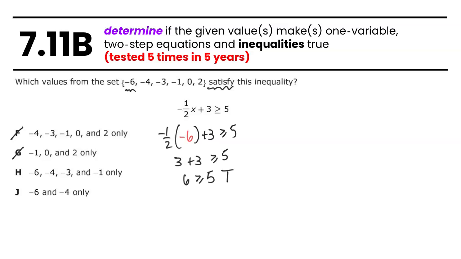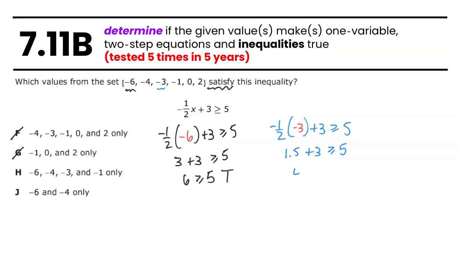If we go to the next value, let's say we go to -3. We'll plug in -3 for X, and so we'll get -1/2, plugging in -3 for X, and then writing down the rest of this inequality to see if it comes out true or false. -1/2 times -3 is going to give me a positive 1.5 plus 3 is greater than or equal to 5.